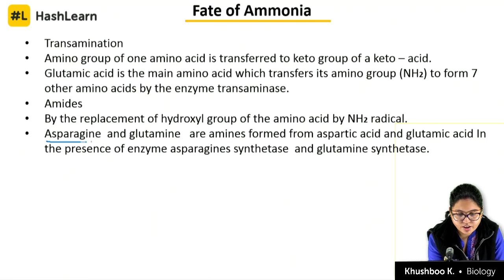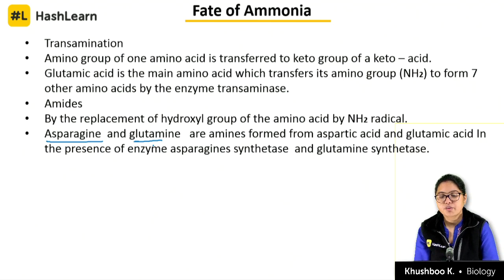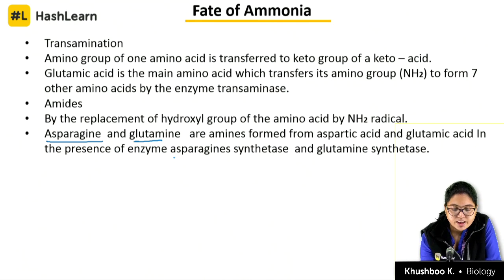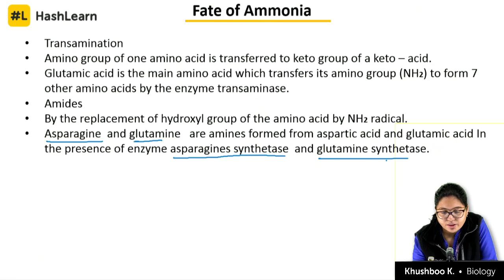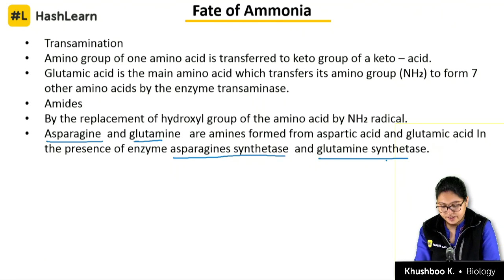See, asparagine and glutamine are amides formed from aspartic acid and glutamic acid in the presence of the enzymes asparagine synthase and glutamine synthase. So, this happens when the hydroxyl group of the amino acid gets replaced.